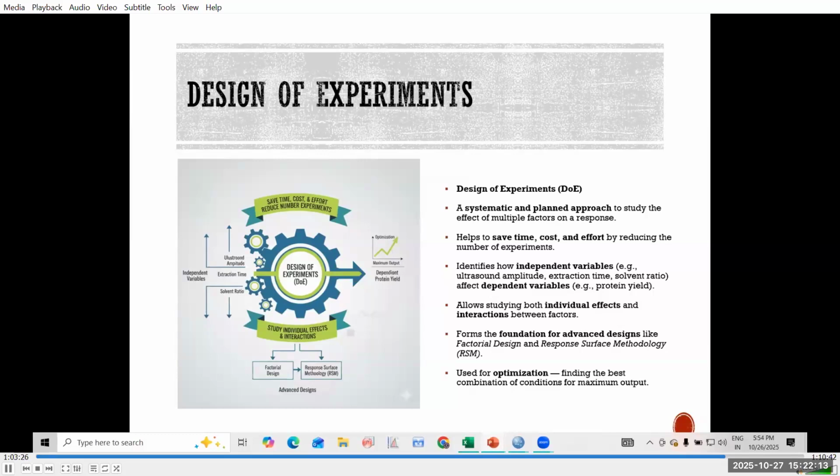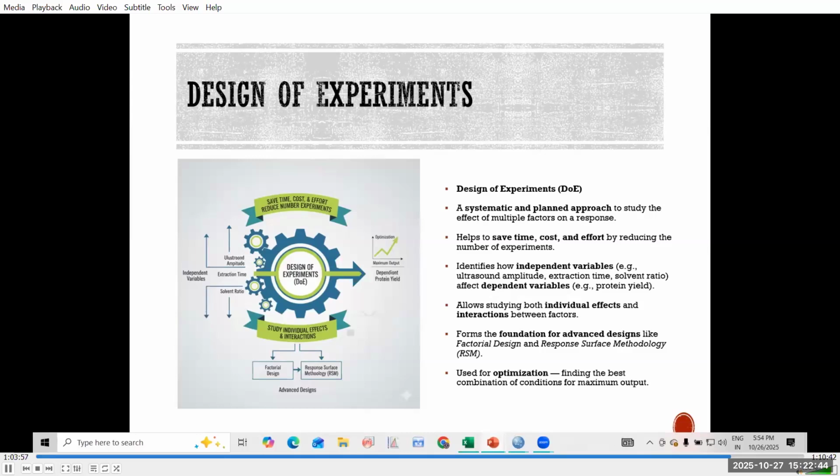Rather than testing these randomly, design of experiments helps me plan the experiment in such a way that I can get the maximum information with the minimum trials. It is like following a recipe: instead of randomly mixing ingredients, you use a planned approach to see how each ingredient changes the yield, efficiency, and content of the sample.